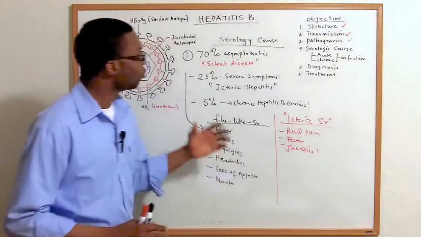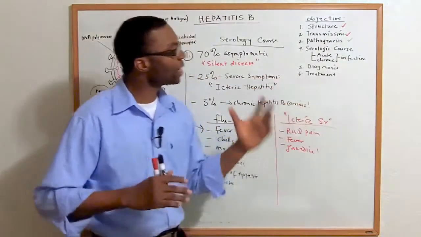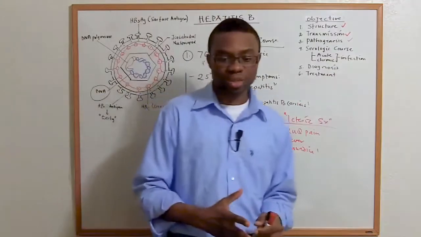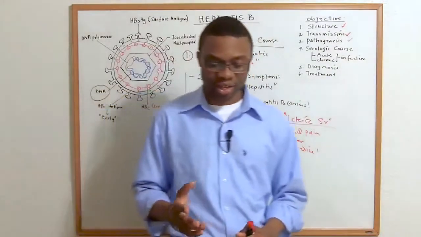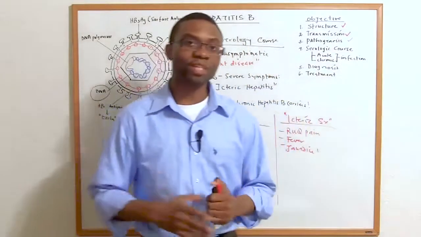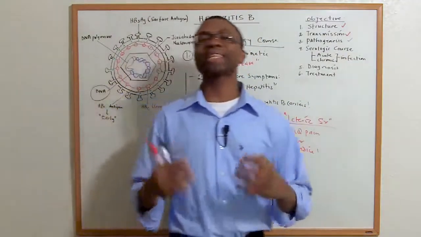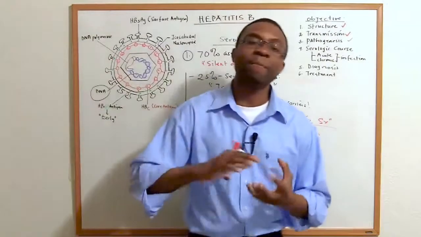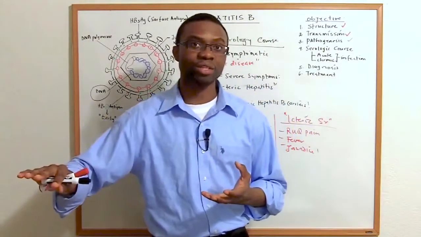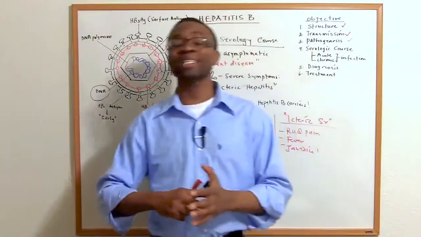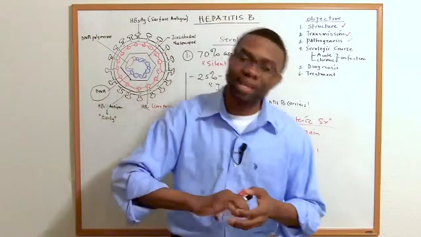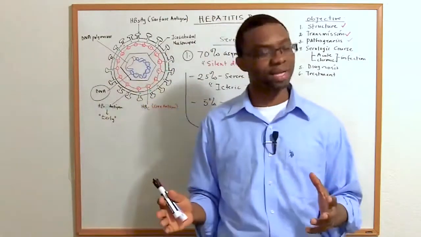Now, we need to go over when the patient has an acute versus chronic infection, starting with an infection of hepatitis B. Most people, when they get the infection of hepatitis B, their body actually clears the virus. The body mounts antibodies against the antigens, and you get rid of the virus and you're fine.